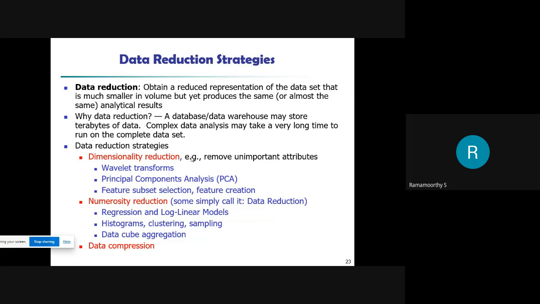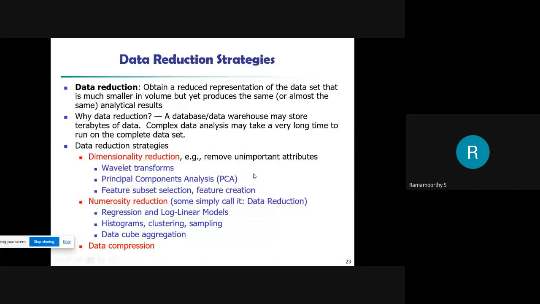Because of that, you need to reduce the volume of data, or select the data on which you are going to do the analysis from the whole data, right? In the whole data, if you want to run some algorithm, it will take a very long time and will not complete as soon as you are expecting, right?